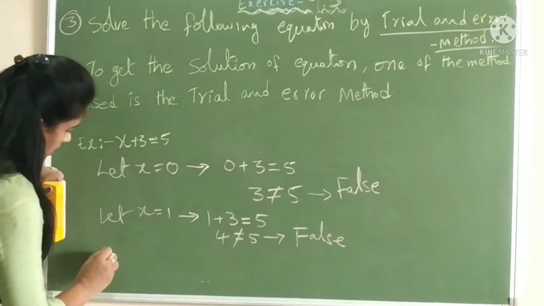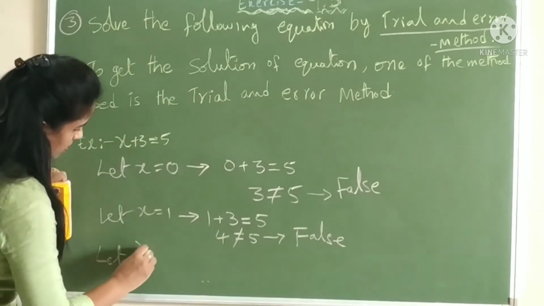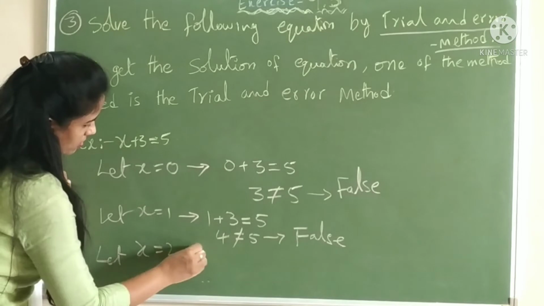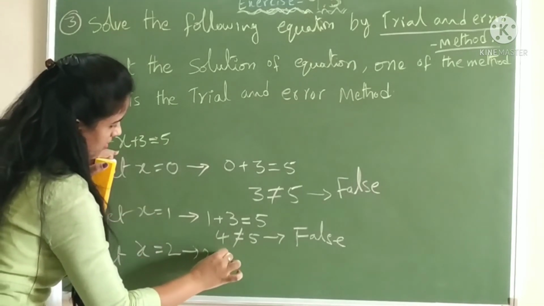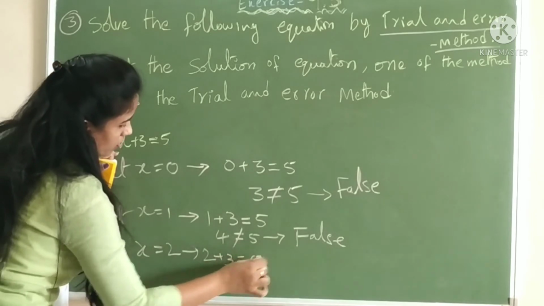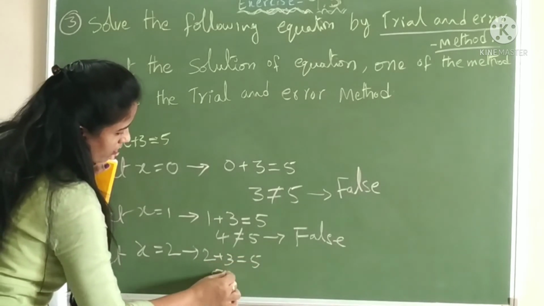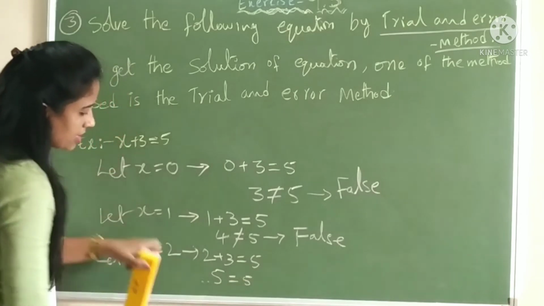And let x is equal to 2, after 1. So substitute the value of x here. 2 plus 3 is equal to 5. 5 is equal to 5. Is it correct? Yes, correct.